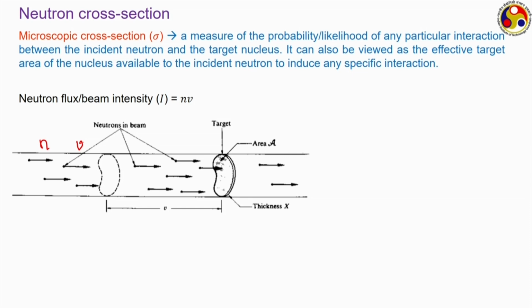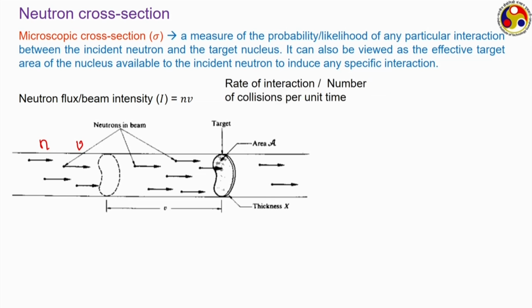Of course, small n has a dimension of number of neutrons per unit volume, and so it is having a dimension of L to the power minus 3, and v is velocity, so it is having a dimension of length by time, which gives the dimension of intensity to be L to the power minus 2 t to the power minus 1, that is we can say it represents the number of neutrons passing through some unit area per unit time, or the rate of neutron passing through some kind of unit area.